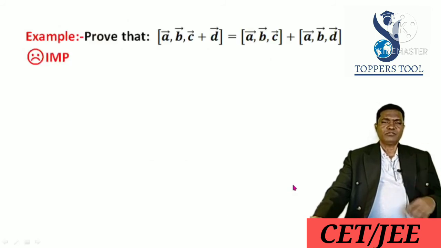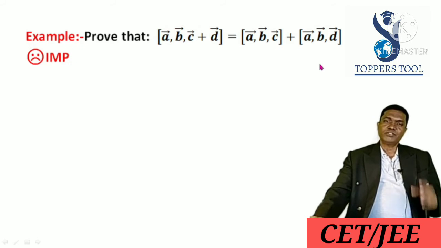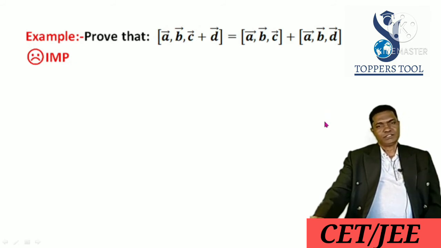Now we will have some important problems on the scalar triple product from the point of view of examination, for 3 marks. You may guess some of the standard questions. So let's see here. You are asked to prove this. Very simple. The scalar triple product of this is nothing but the sum of the two scalar triple products.